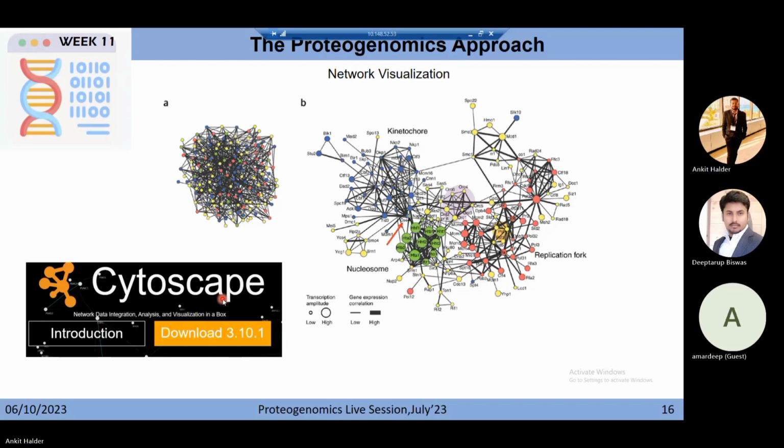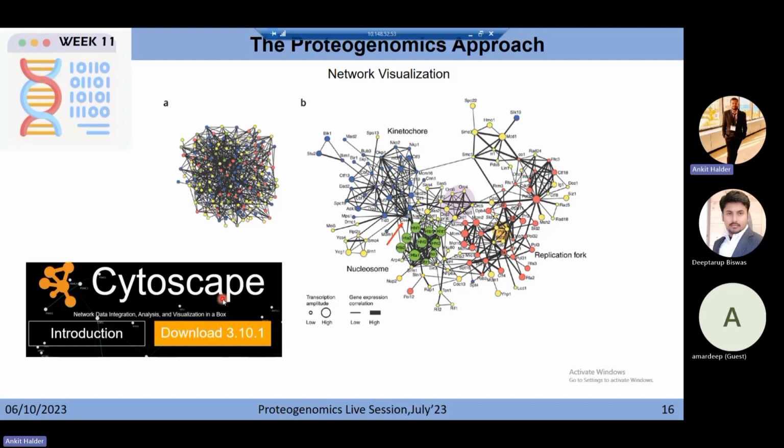Also, I can suggest that there are many plugins available for Cytoscape, and also the protein-protein interactions from STRING, which provides the most comprehensive protein-protein interaction database and the associations network. So what you can do is directly link those interaction networks and visualize them in Cytoscape as well.